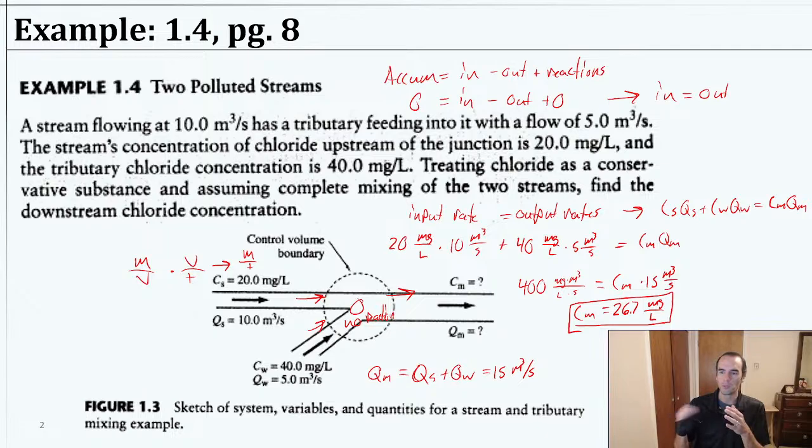So the fact that we're below that mark makes sense, and the fact that we don't have some number that's less than 20, because that would never make sense. So you can stop and think to yourself on these questions, does this even make sense? We should be diluting the stronger solution here a bit. We expect that to be diluted because there's a stream with less chloride.